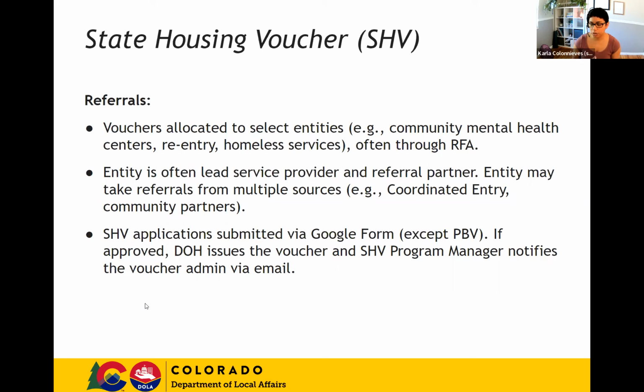For tenant-based vouchers, it'll go through the Google form. If approved, we will issue the voucher and notify the voucher administrator via email: hey, this household got a voucher, this is their increment and elite, this is the type of voucher they have, and here's their support team. So we'll typically link the voucher administrator to the services staff that the individual is working with. Next slide.